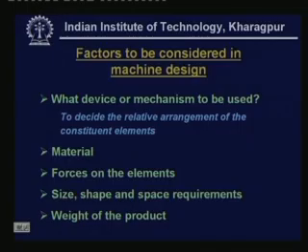Next comes the material. We had a long discussion on this particular material while considering the example of a chair. Now, material selection has become one of the research areas, you can say. The metallurgists are, day by day, giving new materials, new developments.